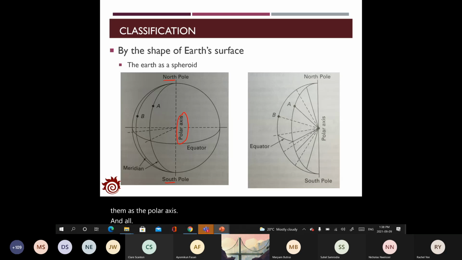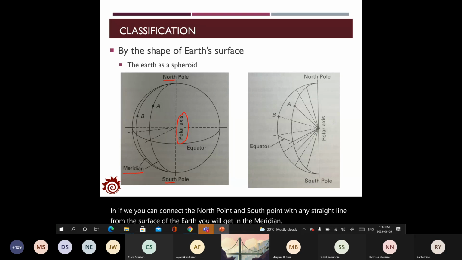If you connect the north point and south point with a line along the surface of the Earth, you will get a meridian. Going back to the two points we defined in the previous slides, point A and point B will fall under different meridians.